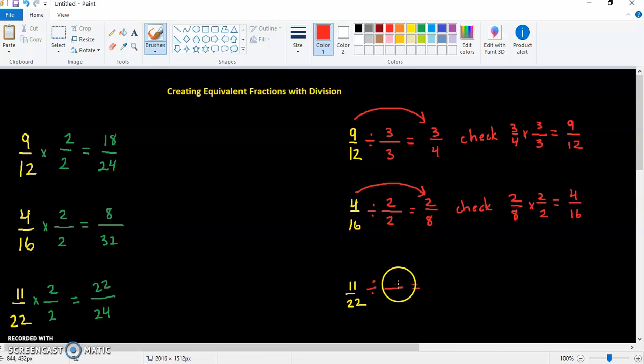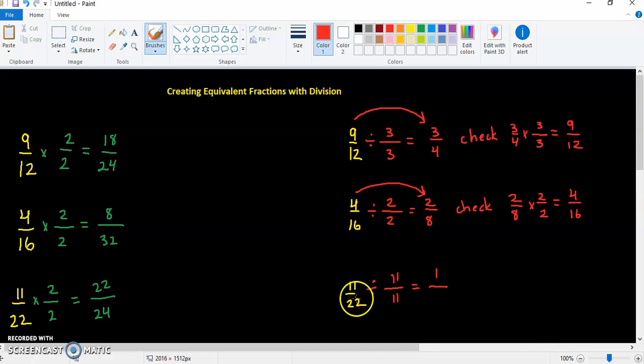So for this one, I can only divide by 11, because if I divide the top and the bottom by 1, remember the only two factors of 11 are 1 and 11, because 11 is prime. So if I divide 11 by 1, I'm going to get 11 again, but I want to actually make an equivalent fraction. I don't want the same fraction. So I'm going to divide the top by 11 and the bottom by 11. 11 divided by 11, well, anything divided by itself is 1.